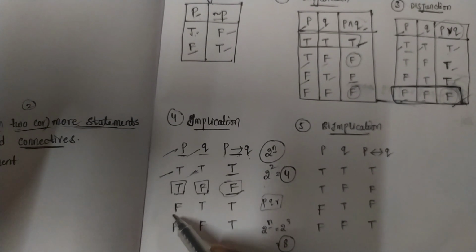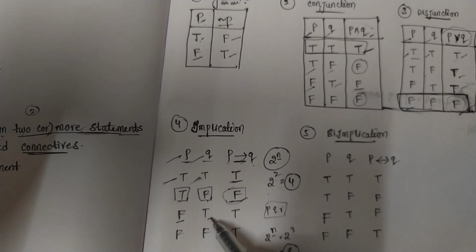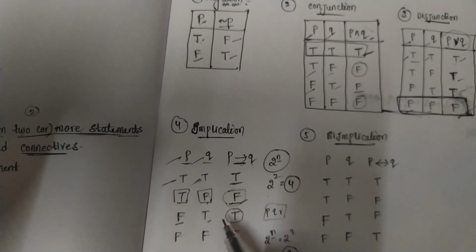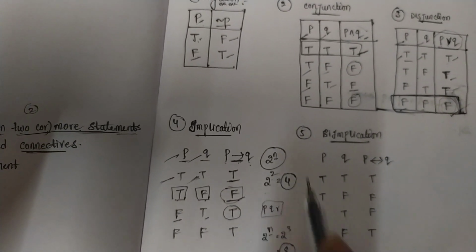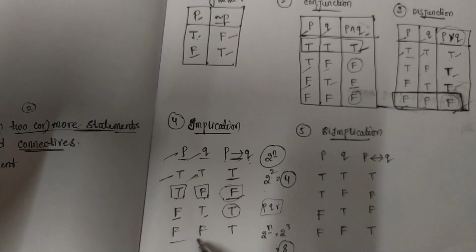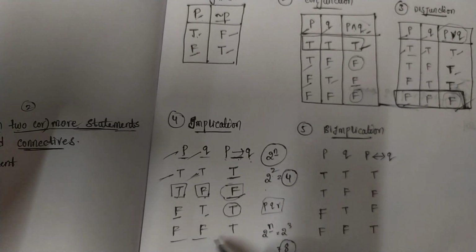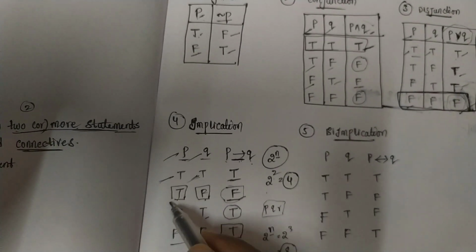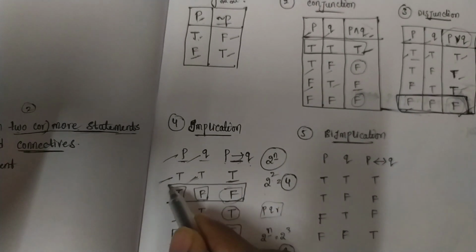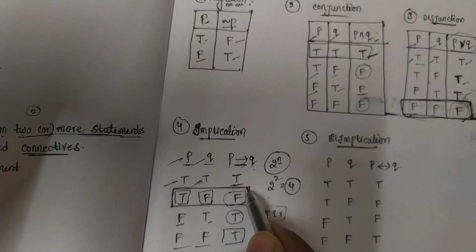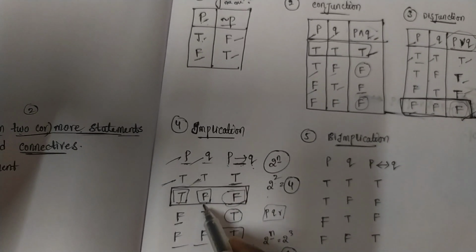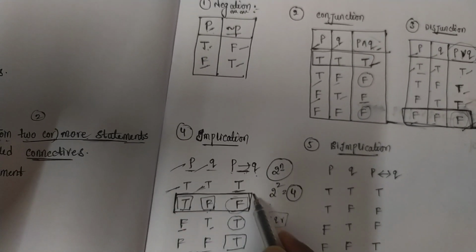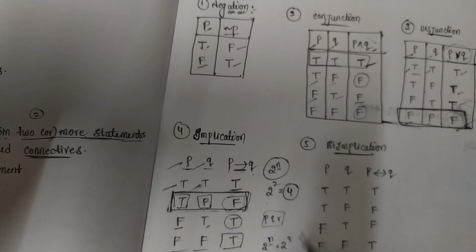Now if the first statement is false and the second statement is true, then the whole compound statement is true in this implication truth table. If both statements are false, then the last statement is also true. The main thing to remember is that if the first statement P is true and the second statement Q is false, the whole statement is false only. This is the main thing we need in the implication truth table.